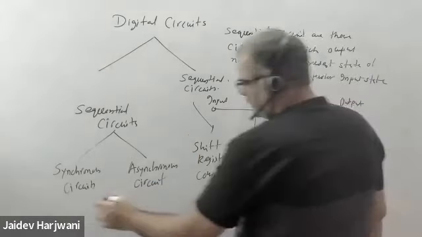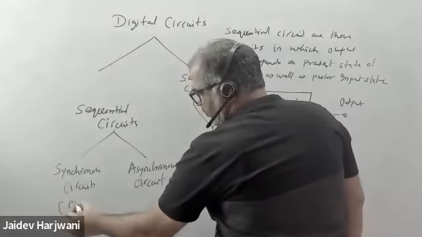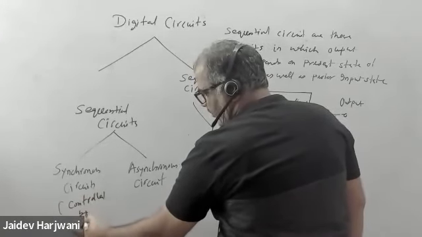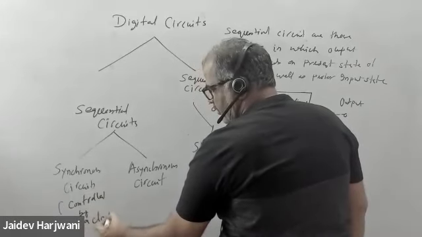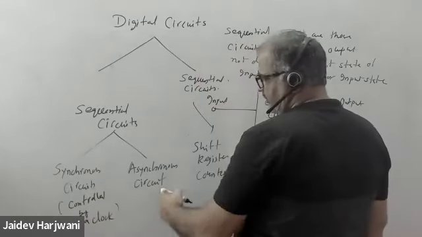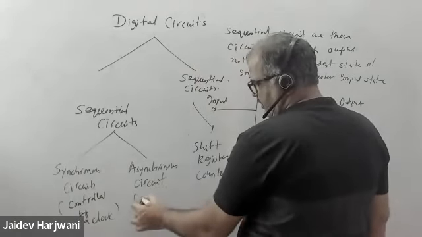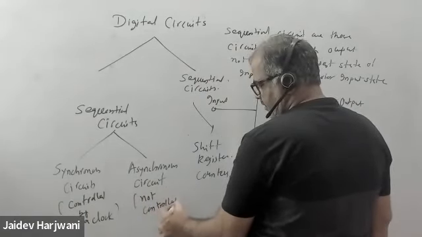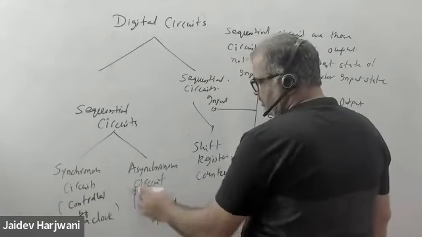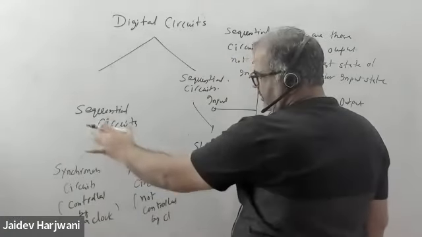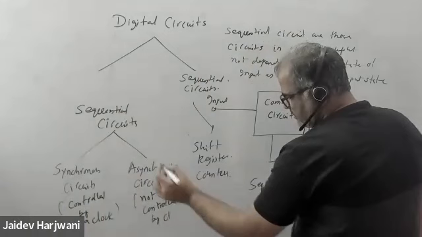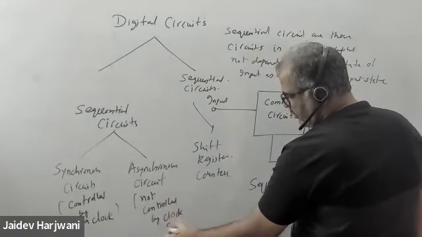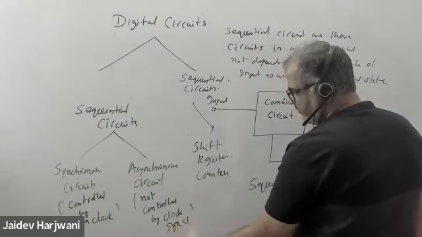Synchronous circuits are the circuits which are controlled by a clock. Asynchronous circuits are those which are not controlled by a clock. That is, non-clocked sequential circuits are called asynchronous, not controlled by a clock signal.